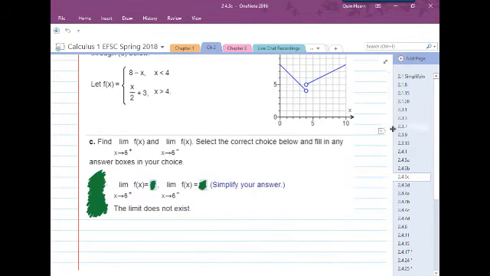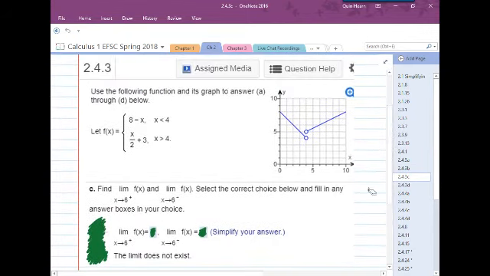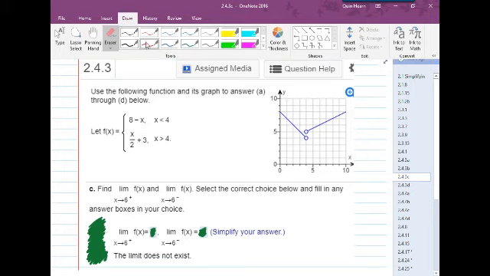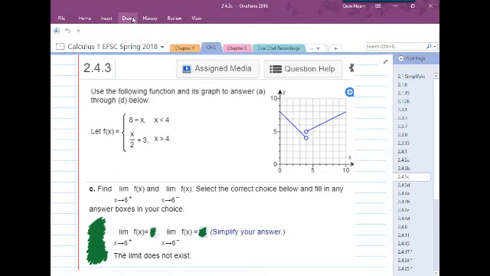Okay, same graph, same function. What about the limit of f of x as x approaches 6 from the right? The limit of f of x as x approaches 6, and the limit of f of x as x approaches 6 from the left. 6 from the right and 6 from the left.